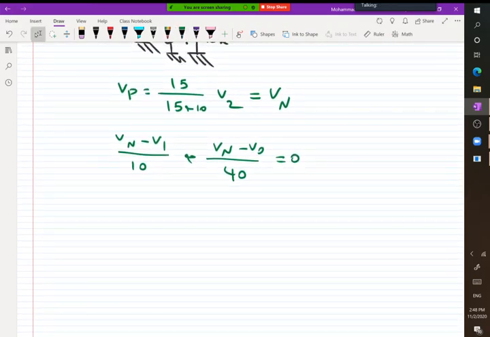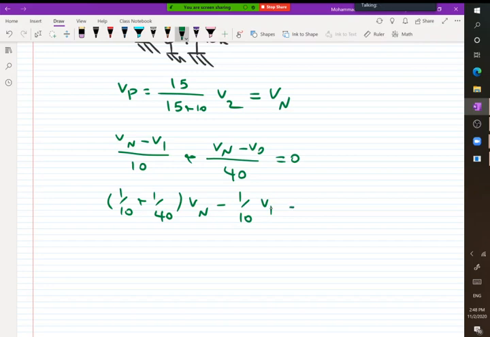Okay, so we can say (1 over 10 plus 1 over 40) times Vn minus 1 over 10 times V1 is equal to 1 over 40 VO.